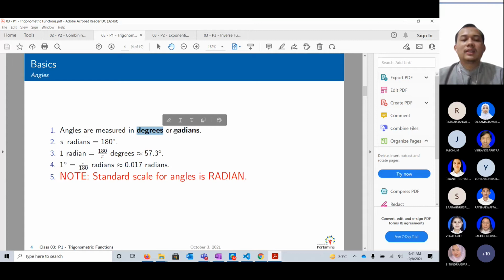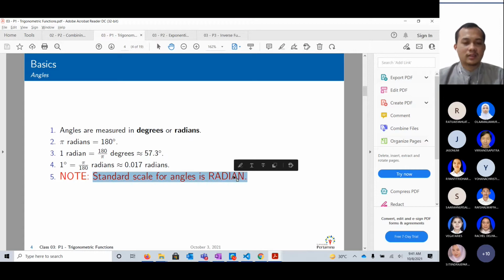So the standard scale for angles is actually radian, not degrees. From now on, make sure that you are used to radians instead of degrees.